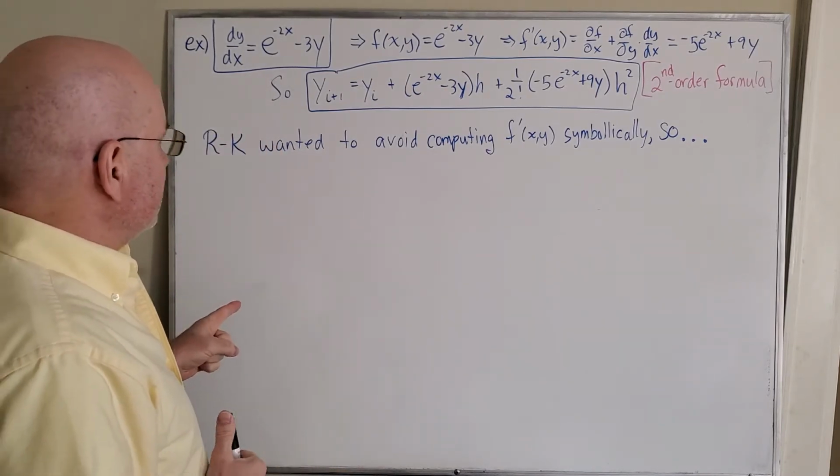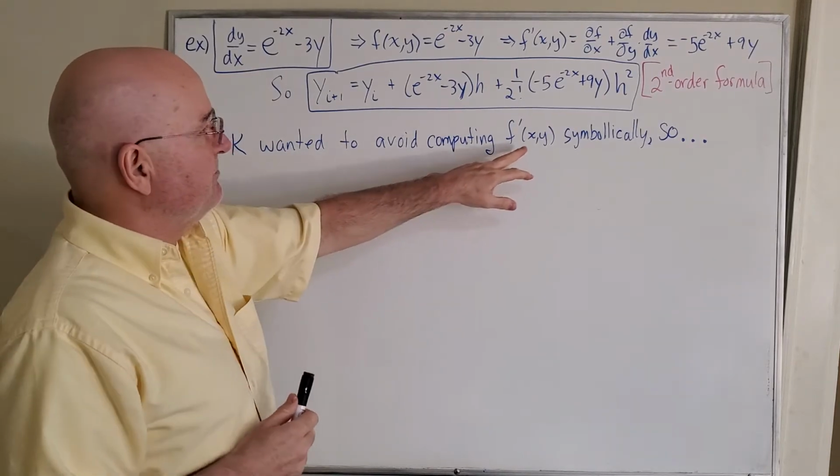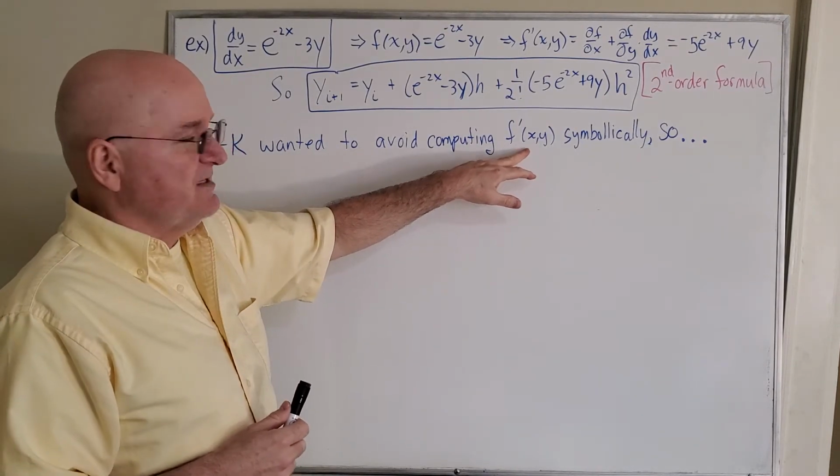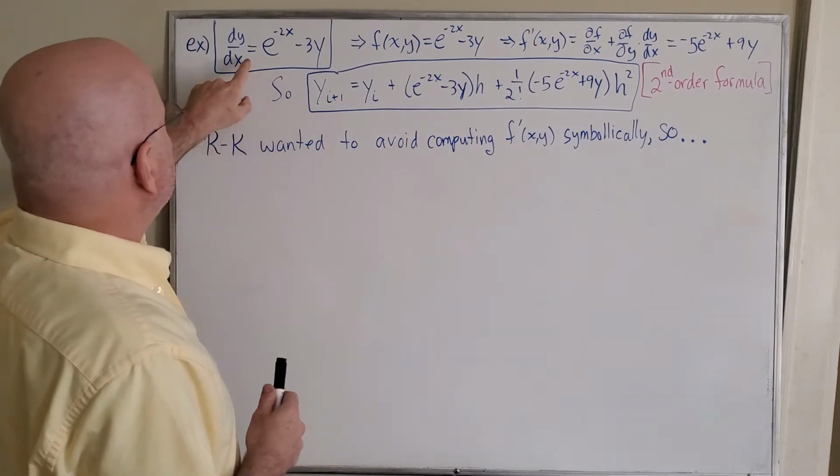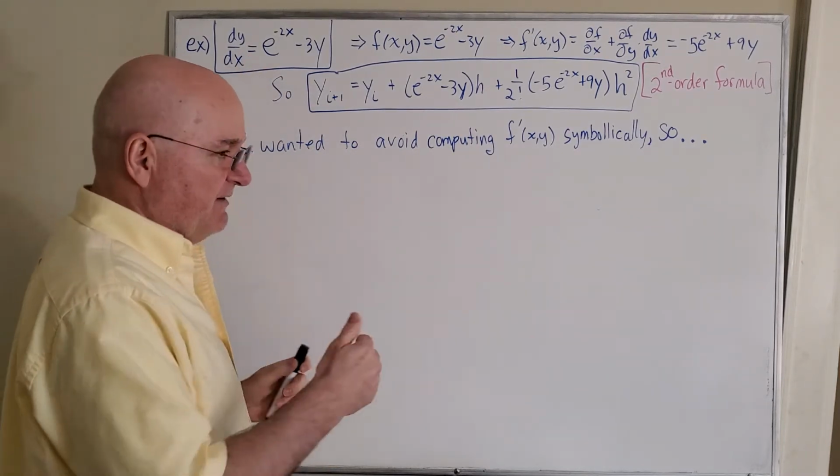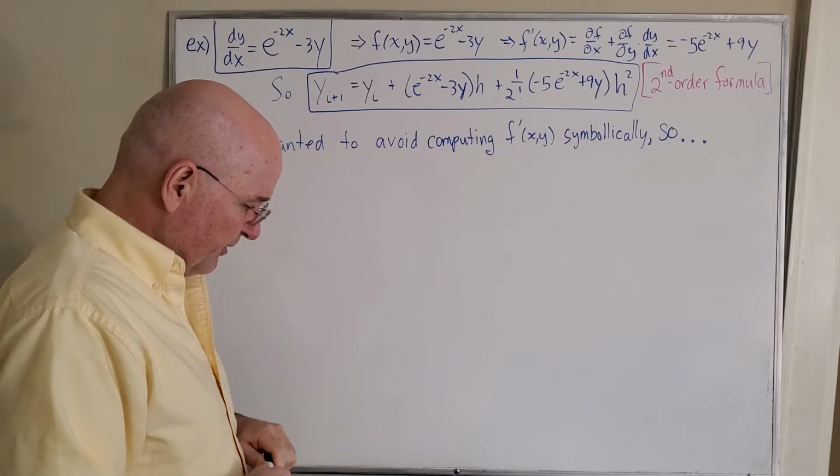Well, RK, as I mentioned, wanted to avoid having to compute this symbolically. This is the second derivative, the derivative of this, so it's a second order term.